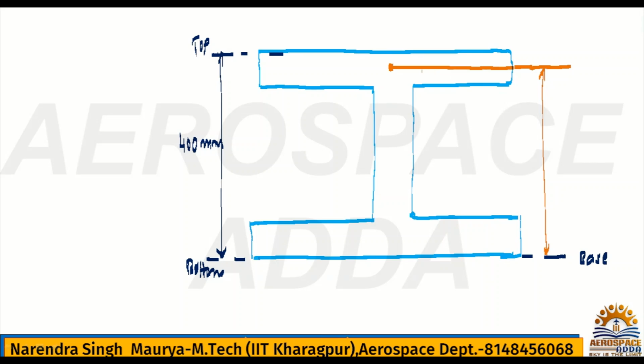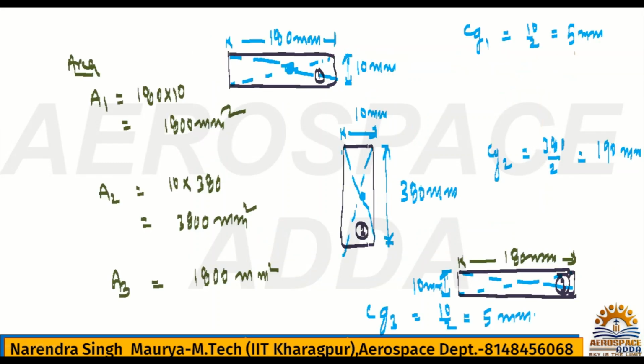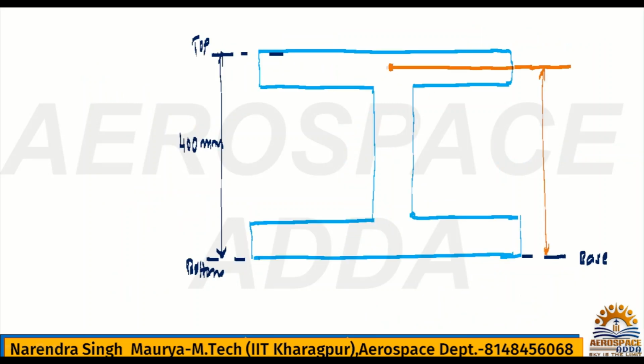See, this section was 10 mm, right? So the CG location was 5 mm for this. Just now you have seen this was 10 by 2, 5. This was the CG location, CG1. This is CG2, and this is CG3.